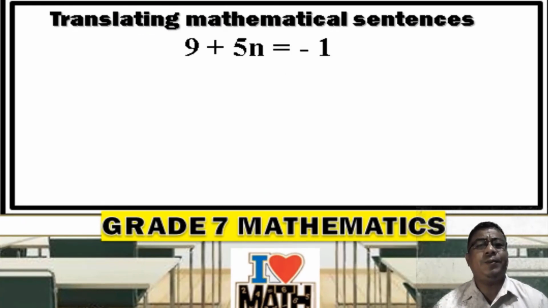Let's continue. This time, the given is a mathematical sentence, and we're going to translate it into a verbal sentence. 9 plus 5n equals negative 1. 5 times a number more than 9, or simply we have 9 more than 5 times a number is negative 1.